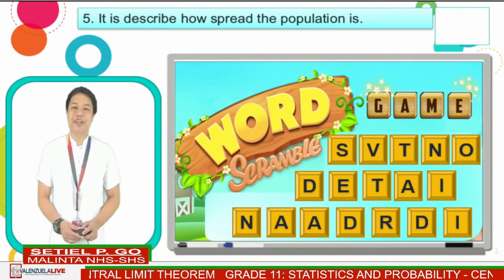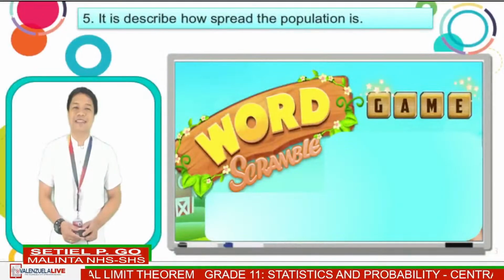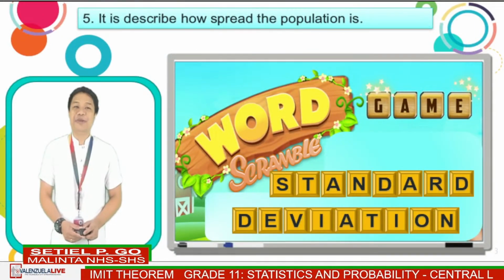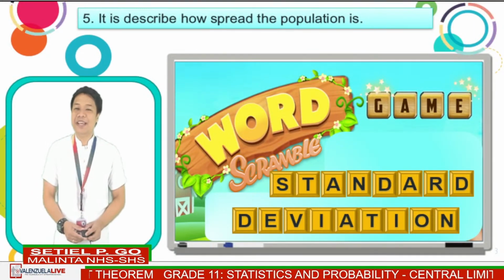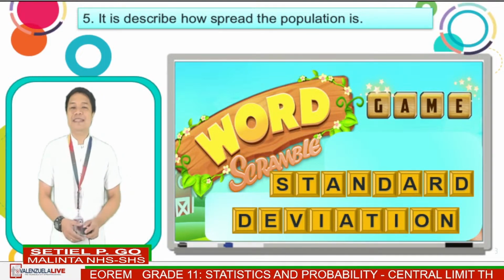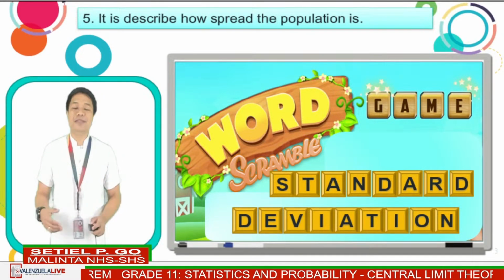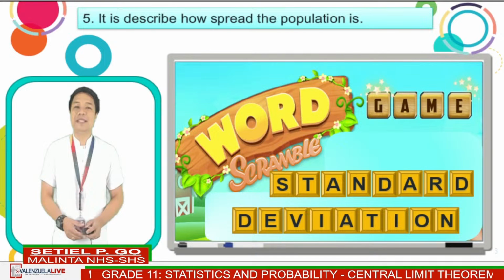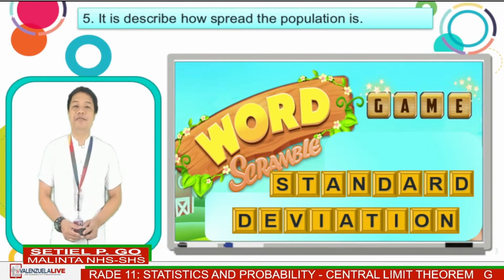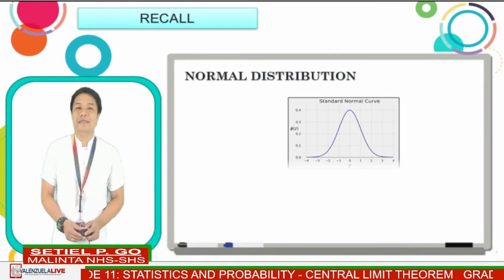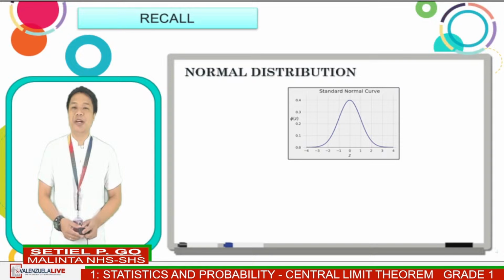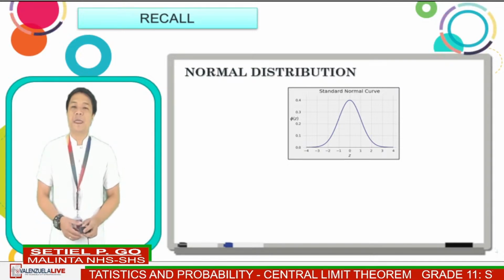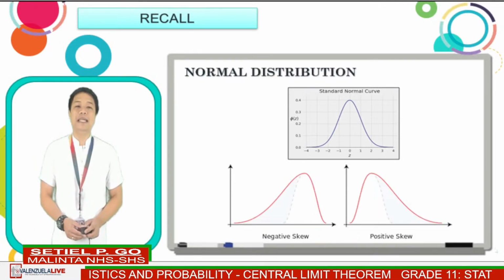If your answer is standard deviation, then you are correct. Okay, so these are the words that basically we'll use in our entire discussion, together with the concept of normal distribution, and also when the population is not normally distributed.